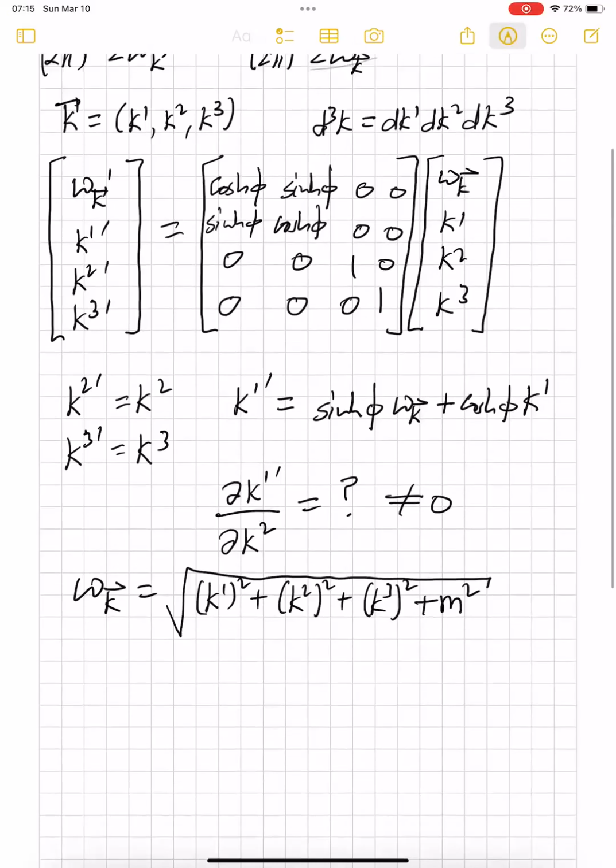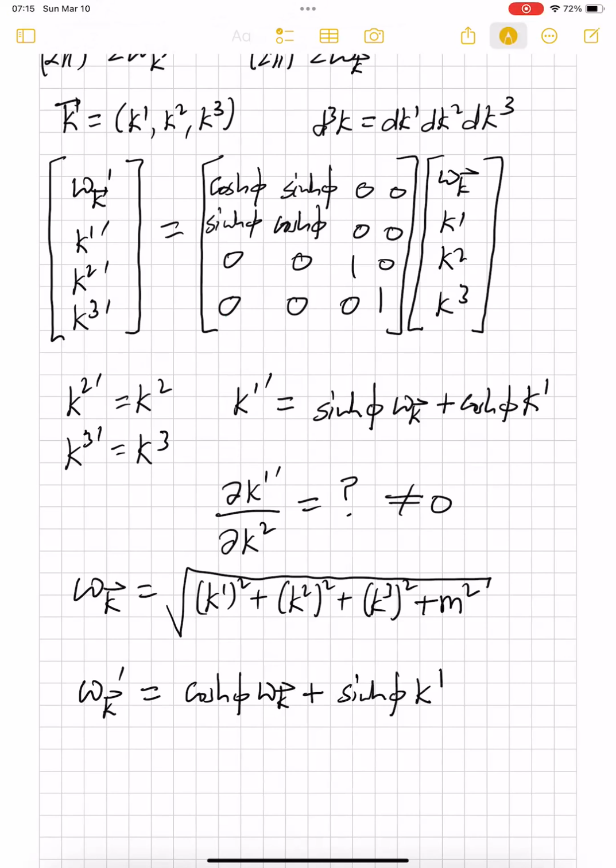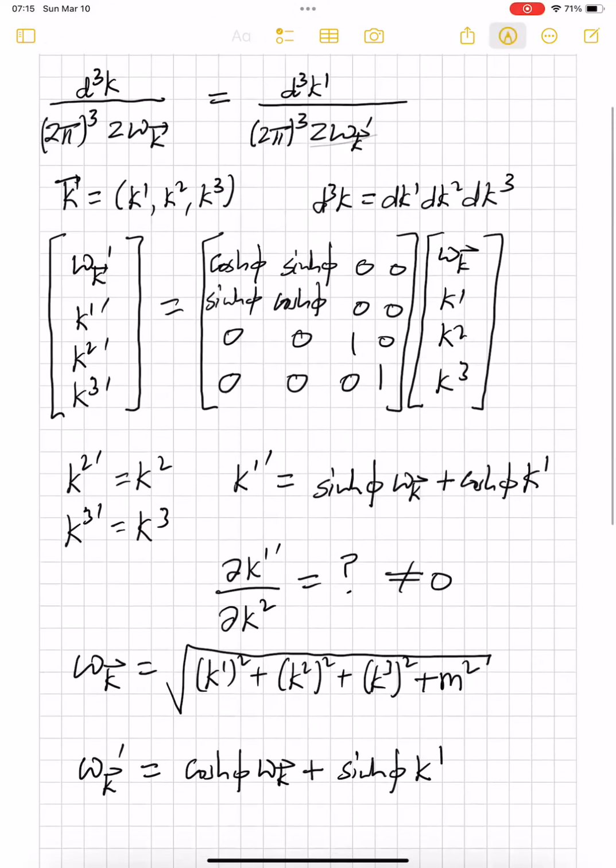And then the other thing to bear in mind is that our transformation rule from the Lorentz transformation also tells us how ω_k' is related to ω_k. So it's a cosh φ ω_k plus a sinh φ k1. Okay, so you'll use that as well.